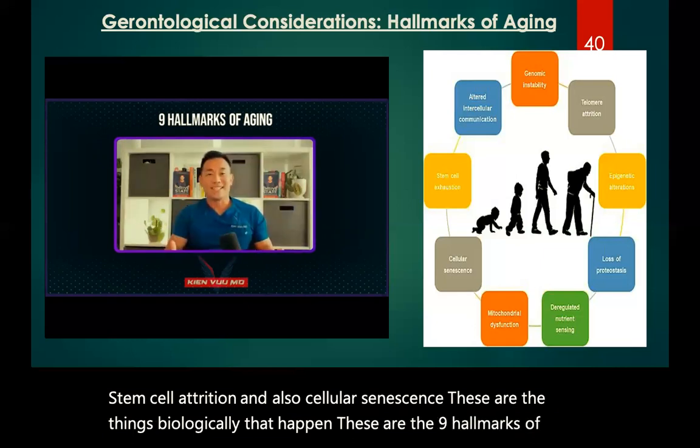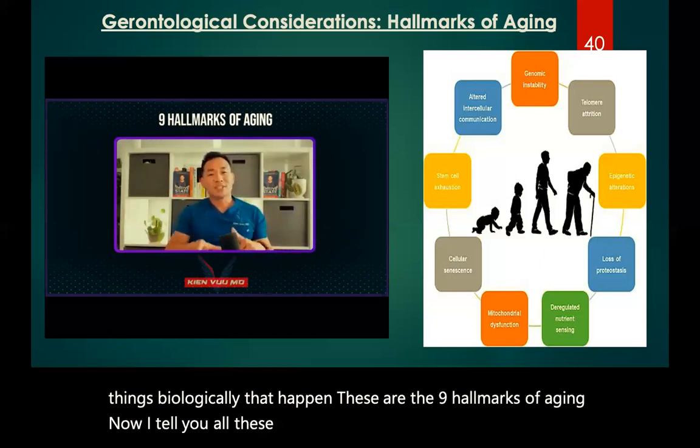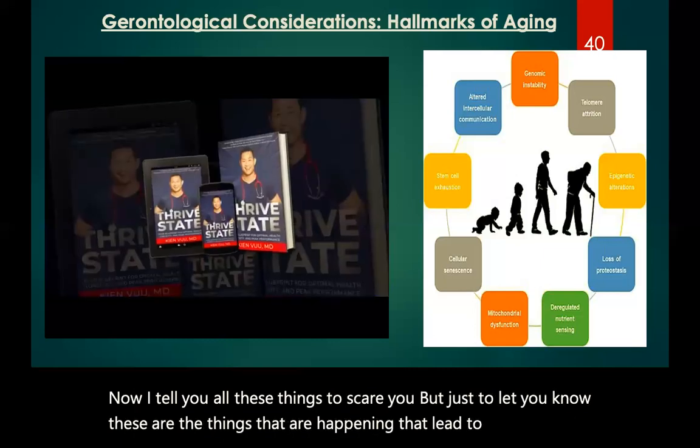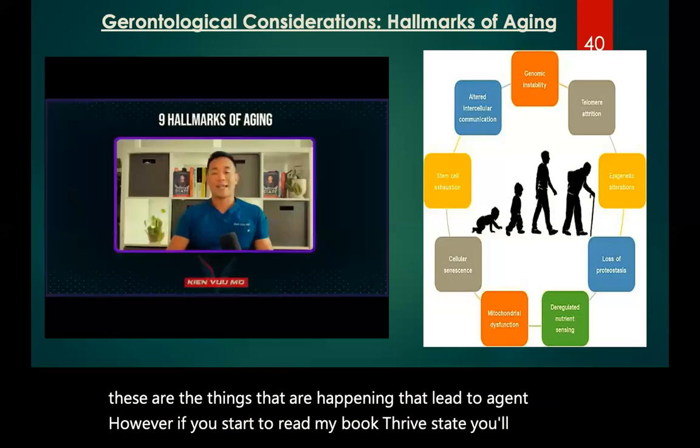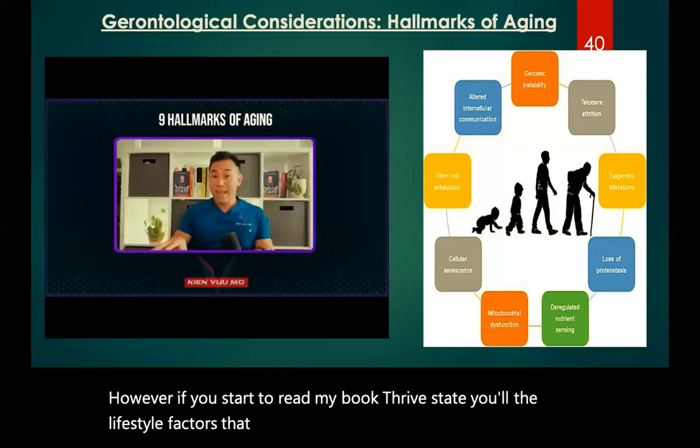Now, I tell you all these things not to scare you, but just to let you know these are the things that are happening that lead to aging. However, if you read my book, Thrive State, you'll know the lifestyle factors that put the brakes on any of these things happening.